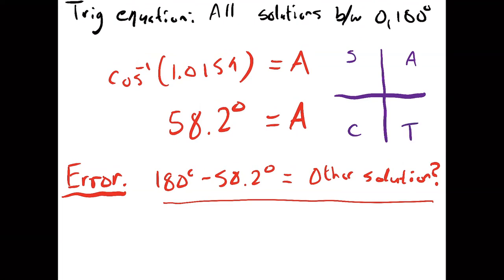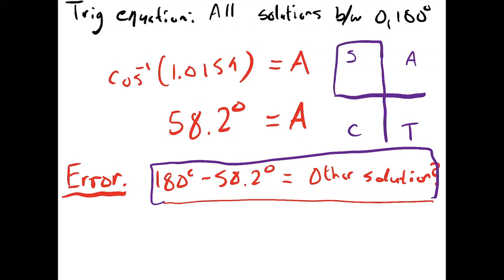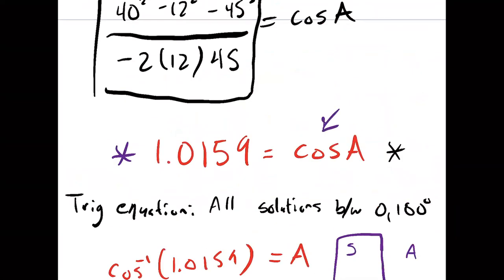So the reason why this can't be a solution is because this is a non-negative angle here, but cosine has to be negative in quadrant 2. And so this doesn't solve the equation upstairs. So this is not a solution, since this equation has to have only positive angles to solve it between 0 and 180 degrees. Because we're working with this triangle, we don't want negative angles here.